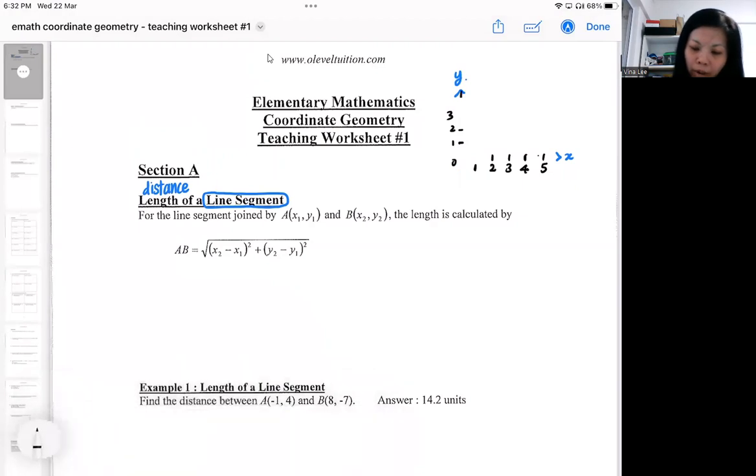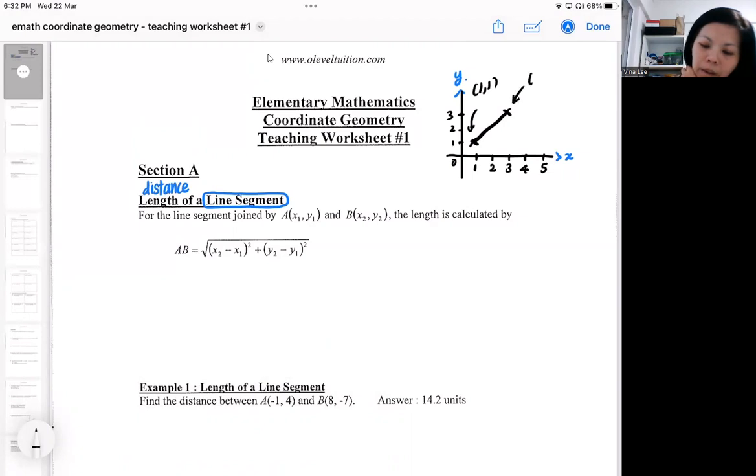But let's say we do not have a horizontal or vertical line. Let's say I have something like this here, and then I have something like this here. How long is this line? I do know the coordinate here, and I also know the coordinate here.